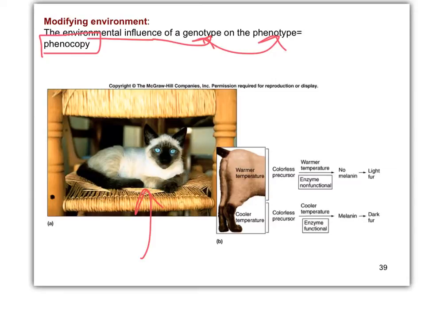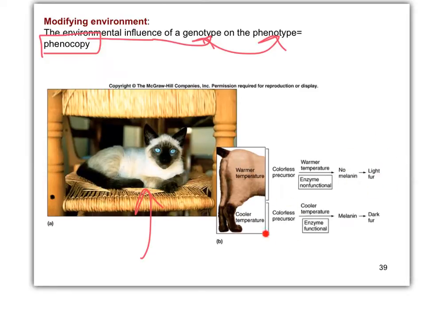And so the biochemical pathway is you have a colorless precursor, so a molecule that must be turned into real melanin, right, in order to get fur color. So if the enzyme is not functional where it's warm on the body, right, no color, light fur.